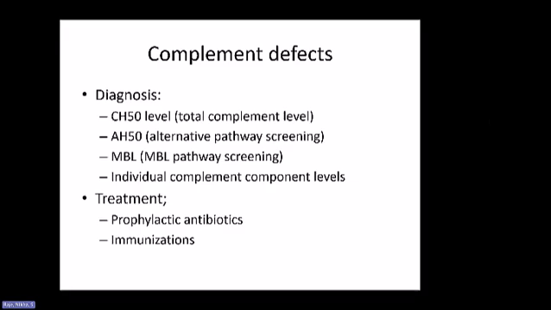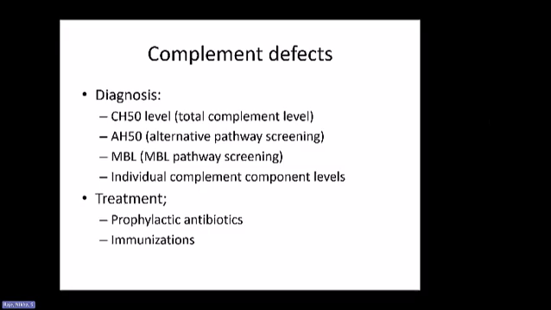However, AH50 for our institution is a send out test, it's expensive, so we tend not to send AH50 every time. Now, if you are suspecting a defect, such as, say, a patient presents with Neisseria infections and your suspicion for alternative pathway defects is high, in those cases, you do have to check AH50.